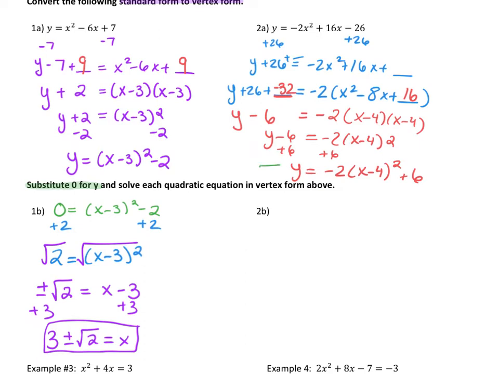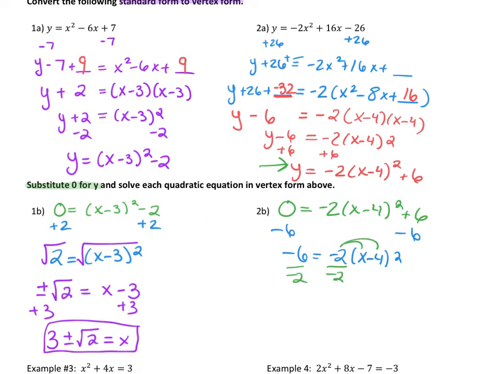I'm going to take this equation that I got, put 0 in for y, and then solve using my square root property. So first I'm going to minus my 6. Then I'm going to divide by this -2 in front. I cannot distribute it in because of this squared, so keep that in mind. We cannot distribute it in.